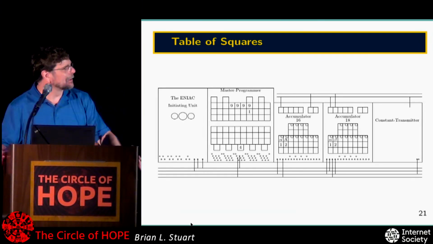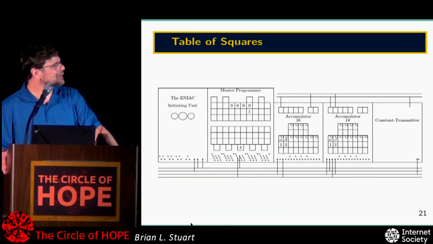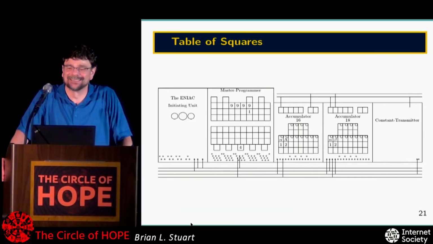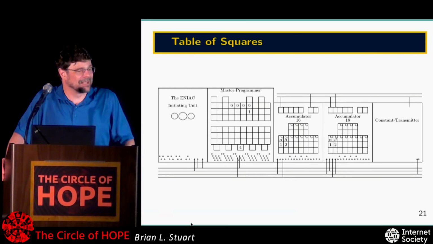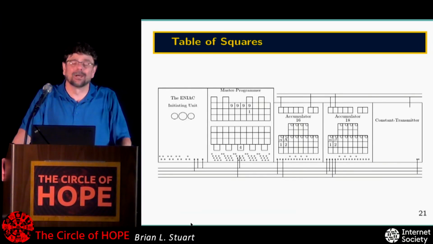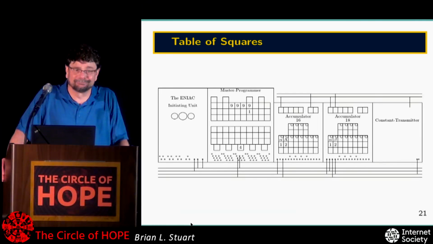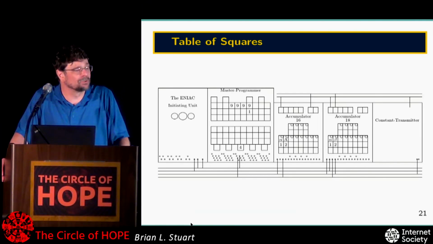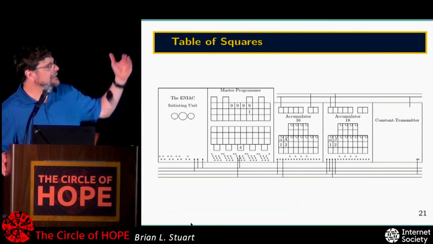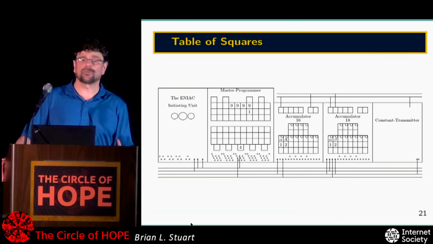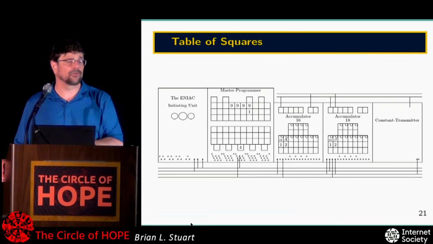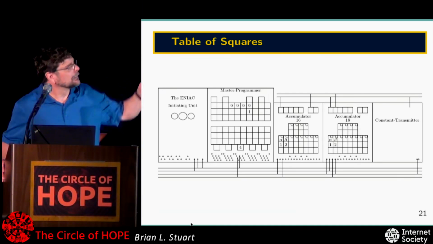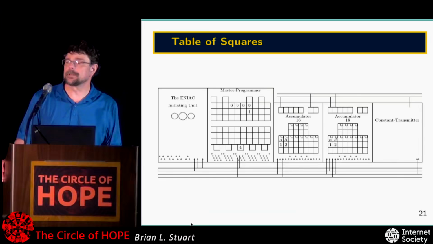I mentioned the programming. I'll just show you quickly what this programming looks like. When you go to program ENIAC, you do it with diagrams. You don't have a sequential list of operations. Instead, what we're doing is saying, how do the signals go from one place to another? The lines across the top are data trunks.